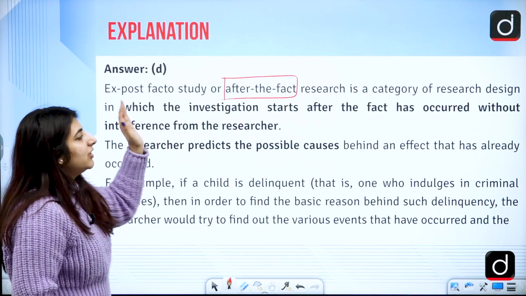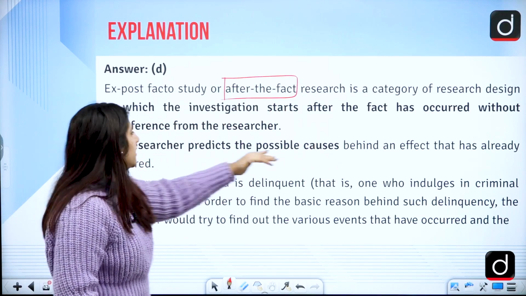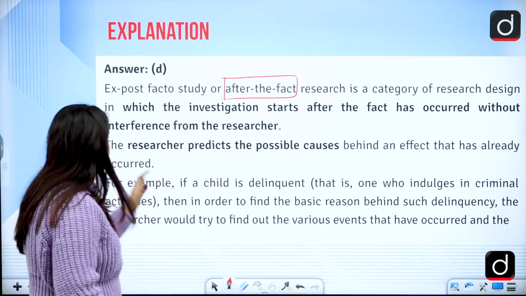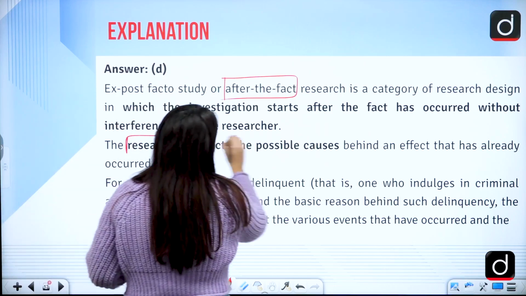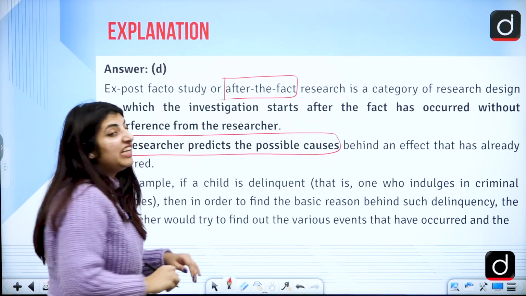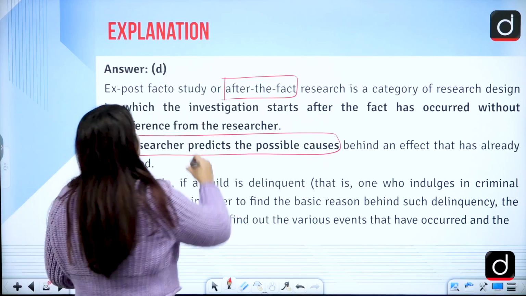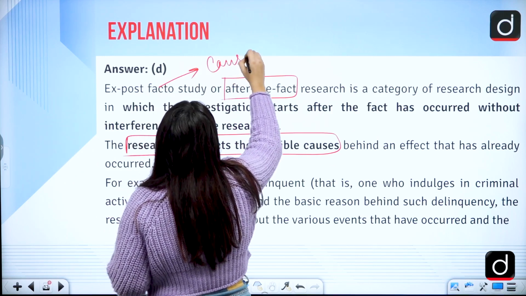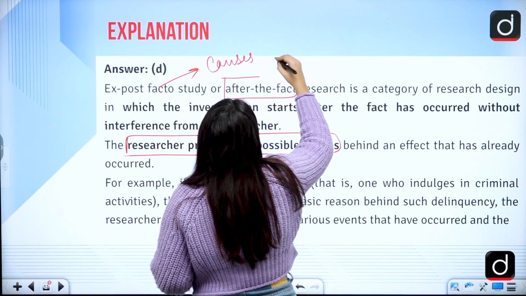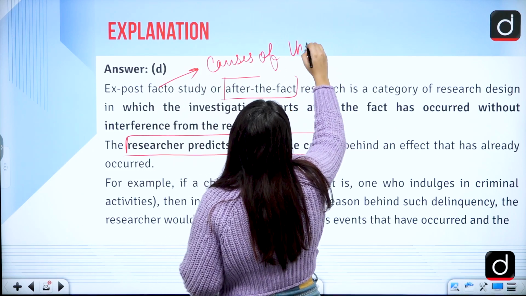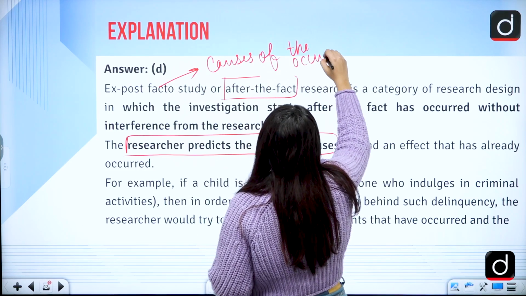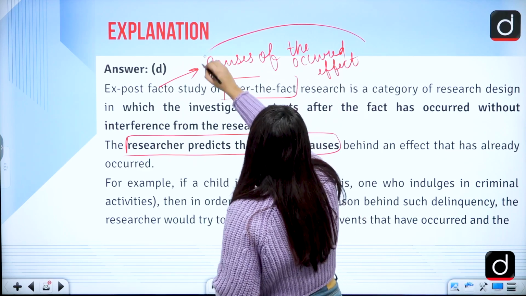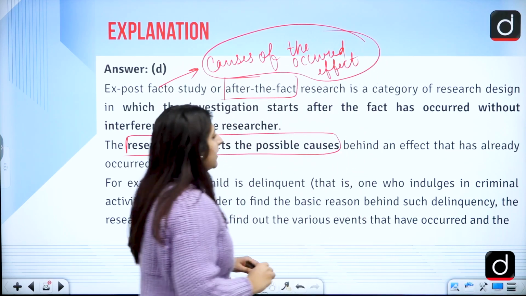Where the investigation starts after the fact has occurred without interference from the researcher, correct? And the researcher predicts the possible causes behind that very event or the effect. So in the ex post facto, we are seeing the causes of the occurred effect. Correct?